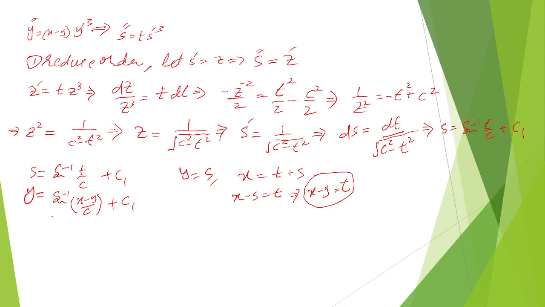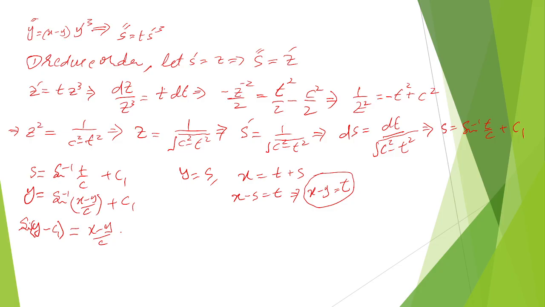This can be written as, subtracting c1 from y and then applying the sine on both sides, sine of y minus c1 is equal to x minus y by c.